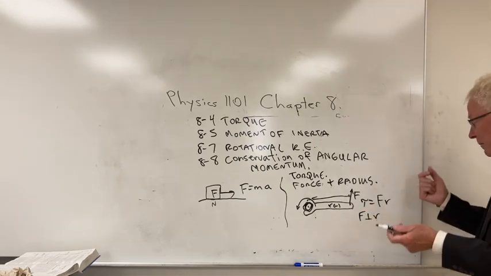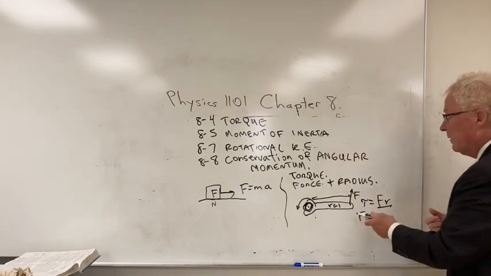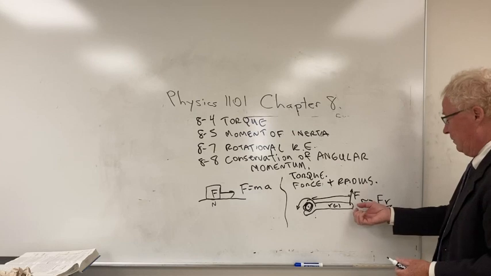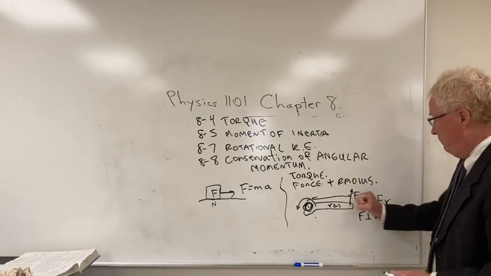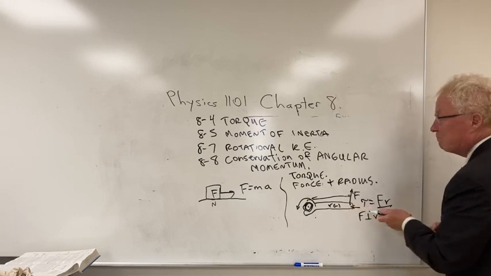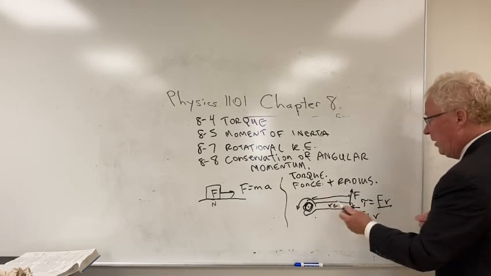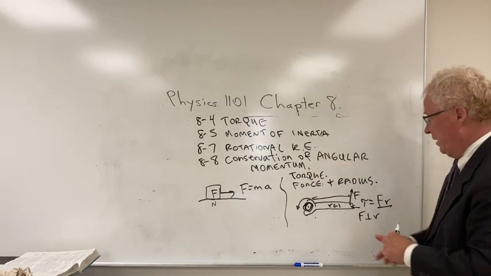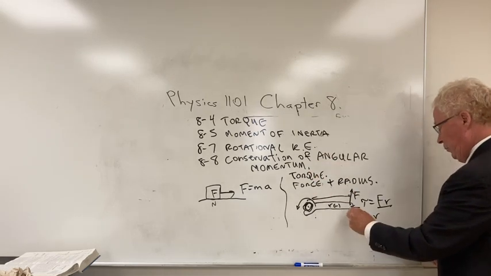They have to be perpendicular for it to work this way. You know from experience, you don't loosen a wrench by pushing along it. That's not going to do any good. Pushing it that way, it's not going to make a turn. What you do is push it perpendicular. You loosen it this way, you tighten it going the other way.